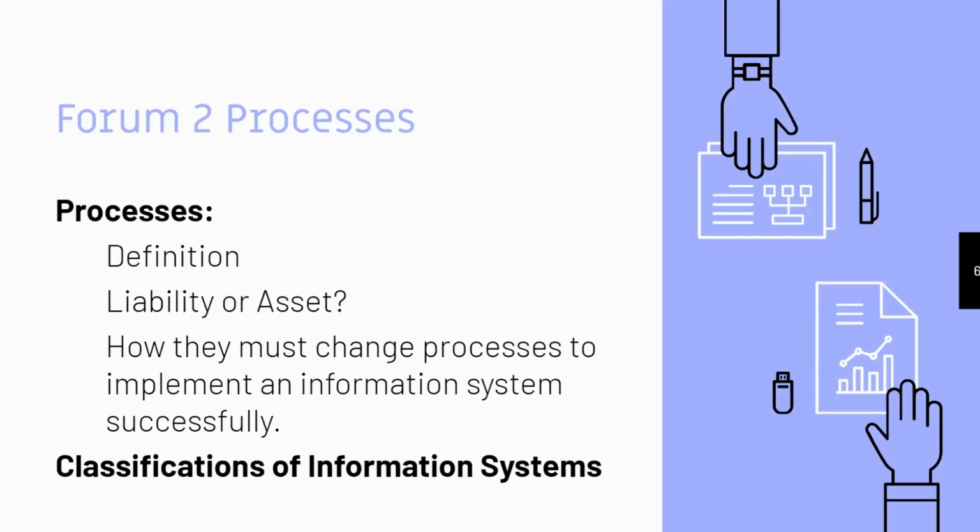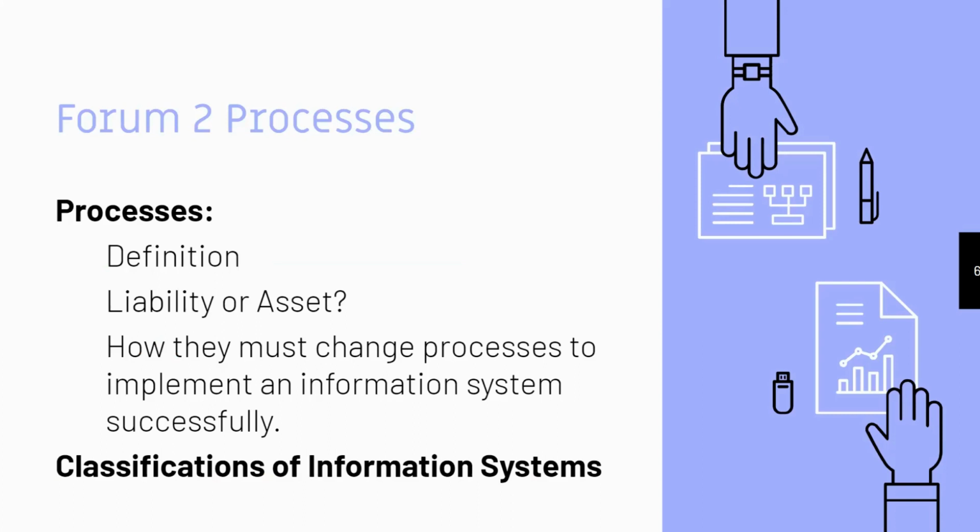For this forum, the process that we'd like you to pay attention to is on the screen. We'd like you to define the keywords that are being highlighted in the forum, determine all the liabilities, all the assets, and the part that we really want you to pay attention to is how you would change the process that we're going to speak about.